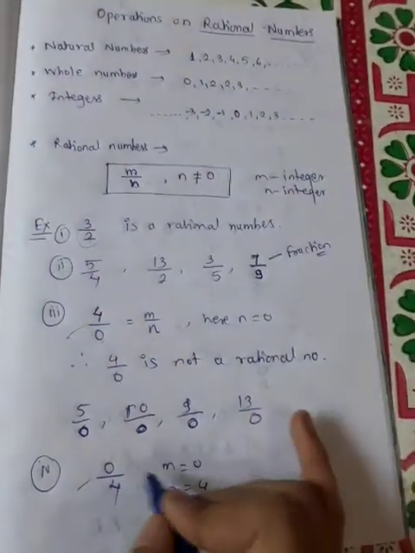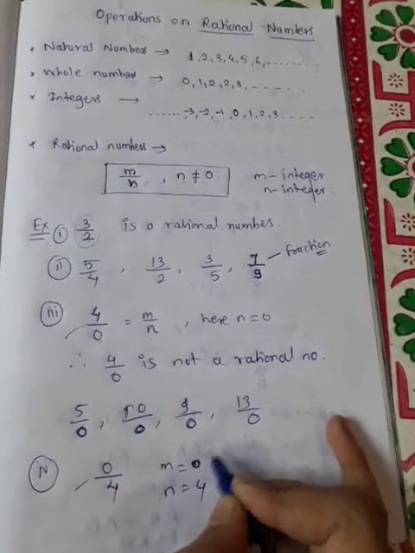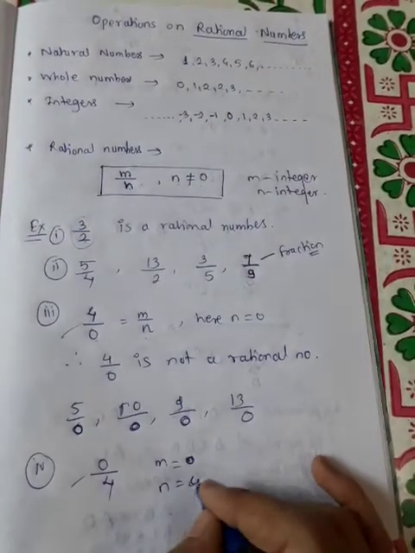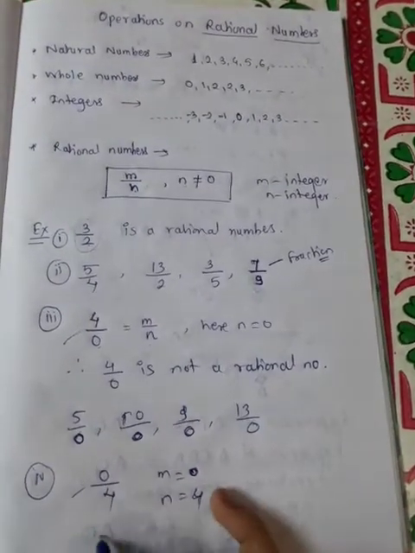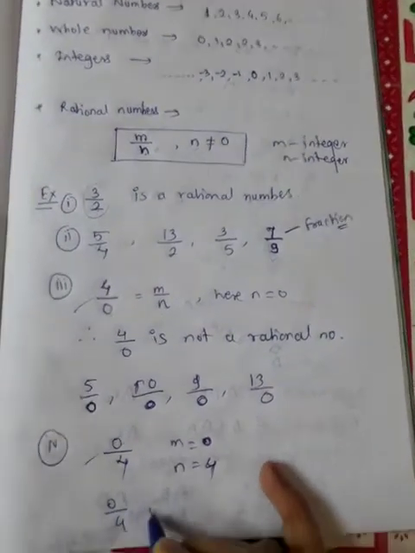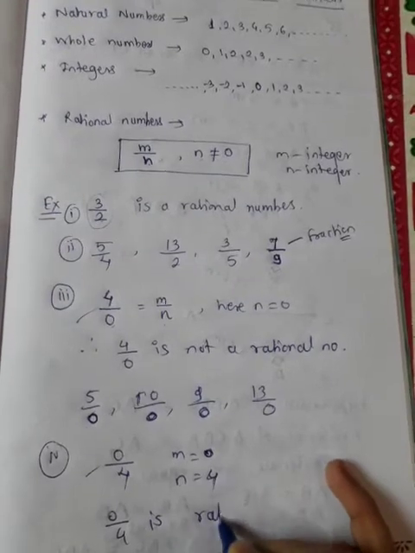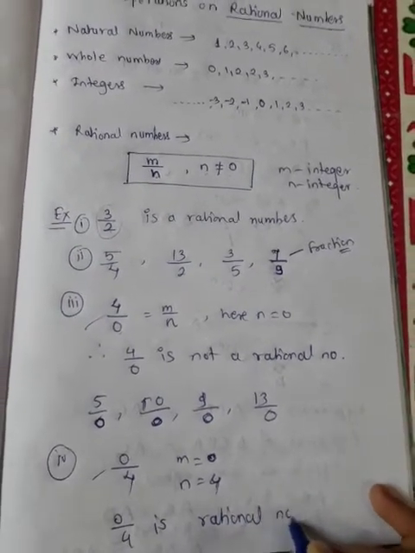We know 0 is an integer, and n is 4, which is also an integer and not equal to 0. So 0 by 4 is also a rational number.